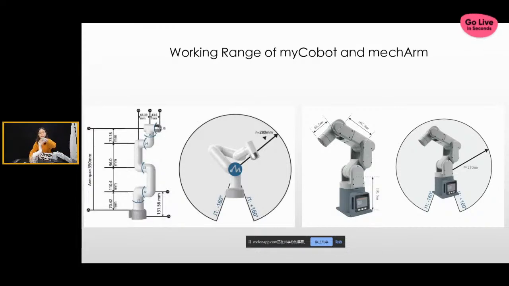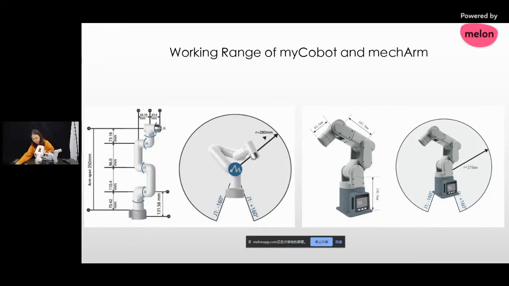So this one can more easily reach any position you want, and this one has a little bit of limit in terms of the flexibility, but it has an advantage of being stable because this is a central symmetric structure, and this structure has been used for decades in industrial factories. So this one is proven to be very stable and smooth, and this one is relatively flexible.